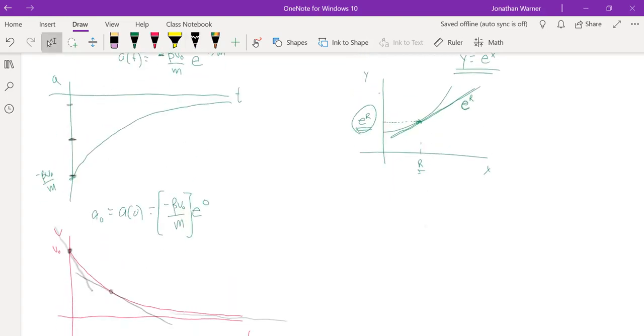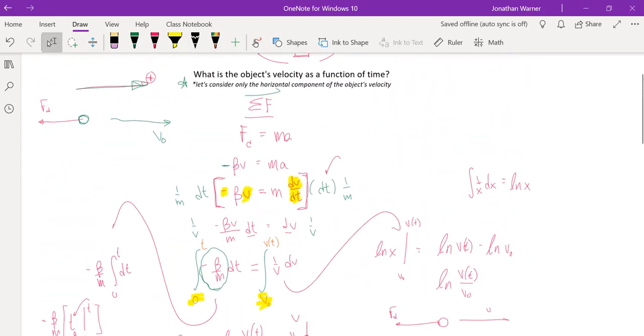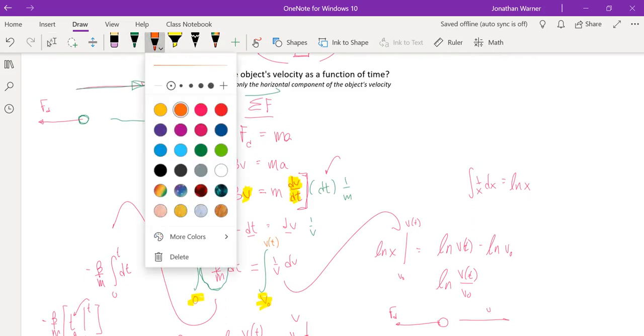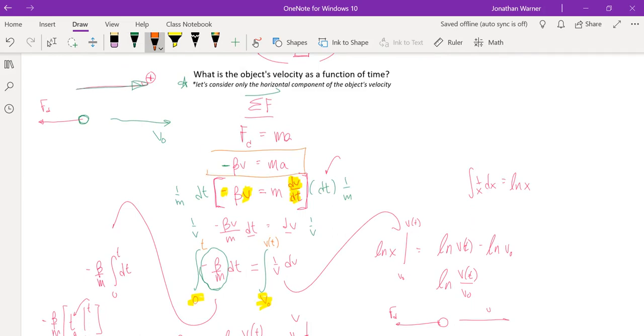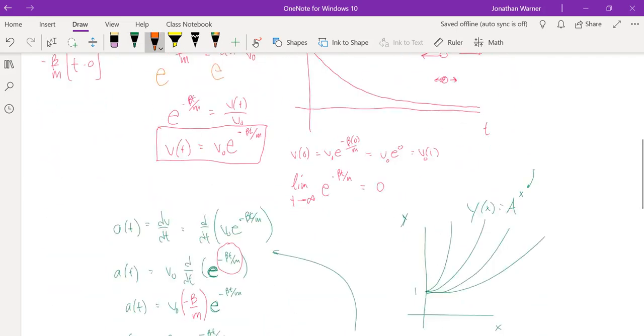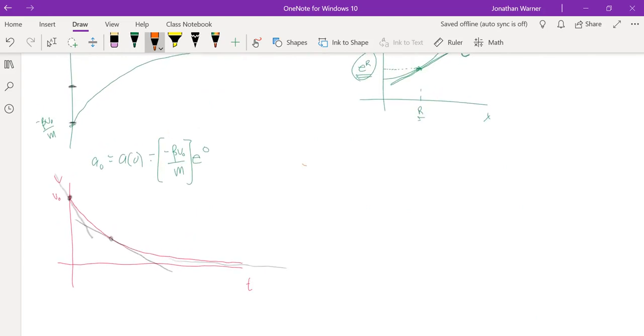What's also nice to note is that if you look way back to here, that's a Newton's second law statement. I'm going to bring that down to here and say that negative b v is ma. Well, guess what? Velocity is time dependent. So is a. And so this says that a of t is negative b over m times v of t.